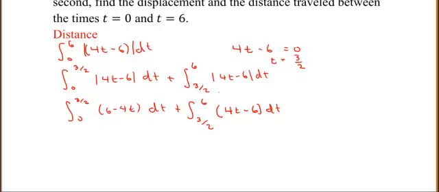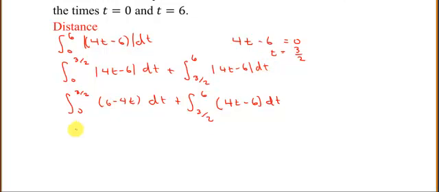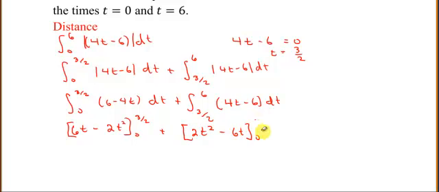If I calculate the antiderivative, I'm going to get 6t minus 2t squared from 0 to 3 halves, plus 2t squared minus 6t from 3 halves to 6.